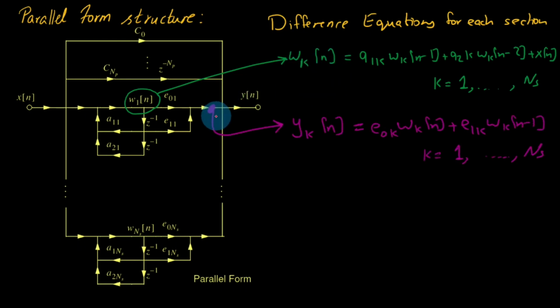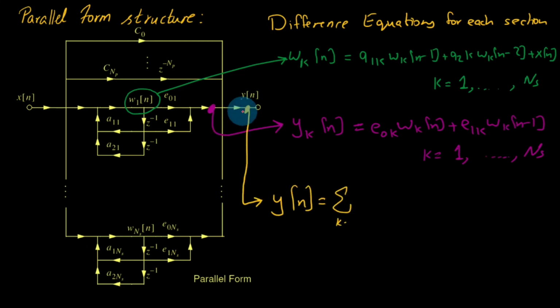Furthermore, over here at the output, this is yk of n. This is the kth branch that we are considering, and it is equal to e0k wk of n coming from here, and e1k wk of n minus 1 coming from here.